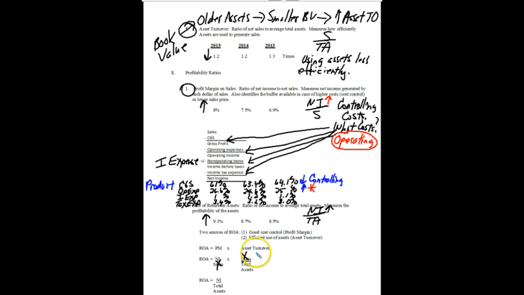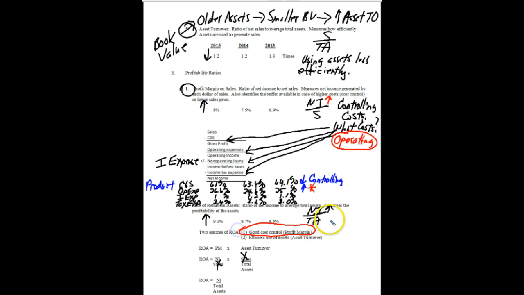Because looking at asset turnover, we can see they have not been efficient with their use of assets. As a matter of fact, that went down. So what's causing return on assets to go up? It's because they have good cost control.